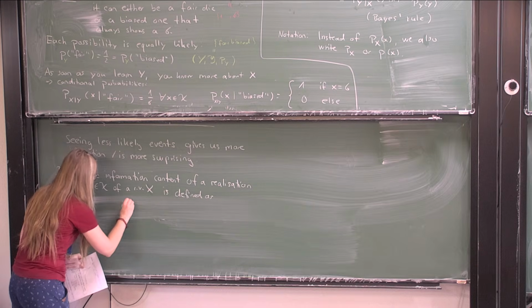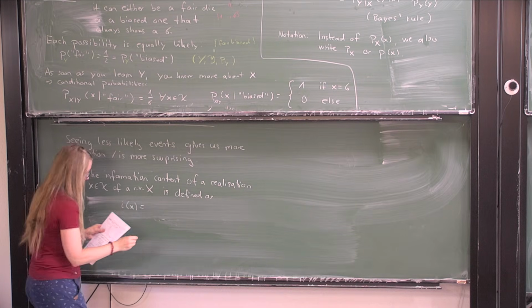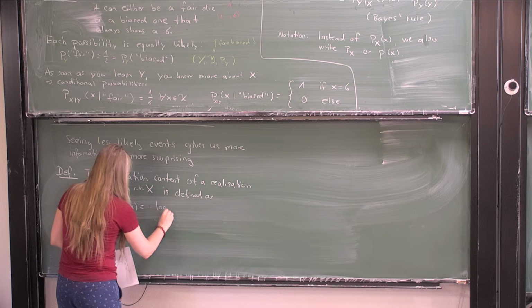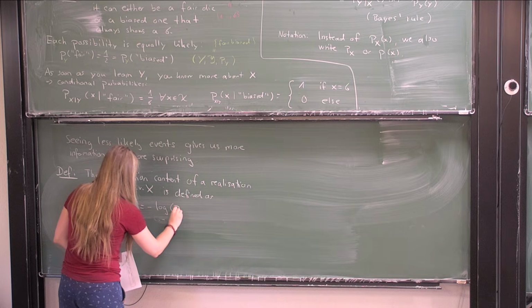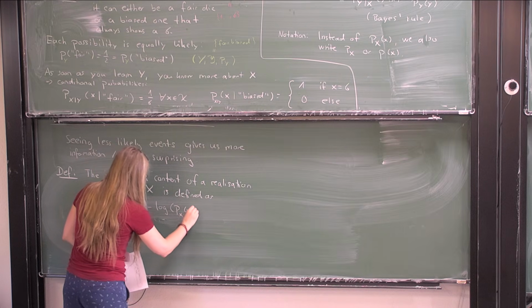This function is called I of x, and it's given by minus the logarithm of the probability of x.